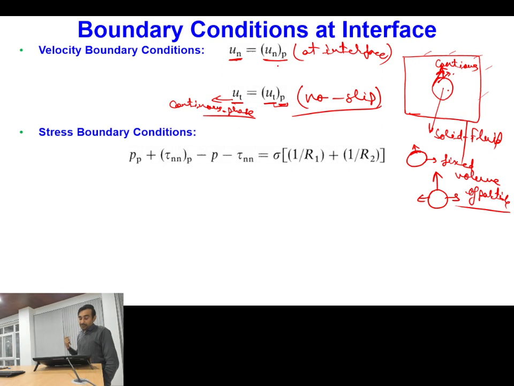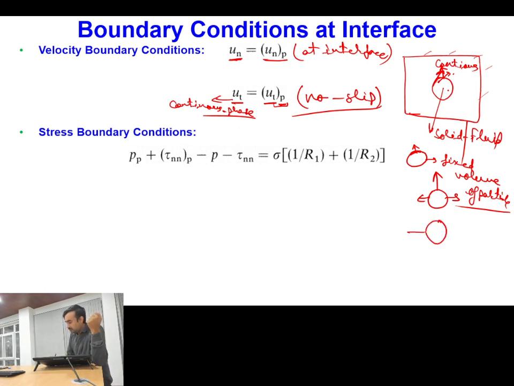Then we must have some dynamic boundary conditions. When we talk about the dynamic boundary condition, of course we have to balance the forces, meaning the interfacial forces. What are the forces acting at the interface?